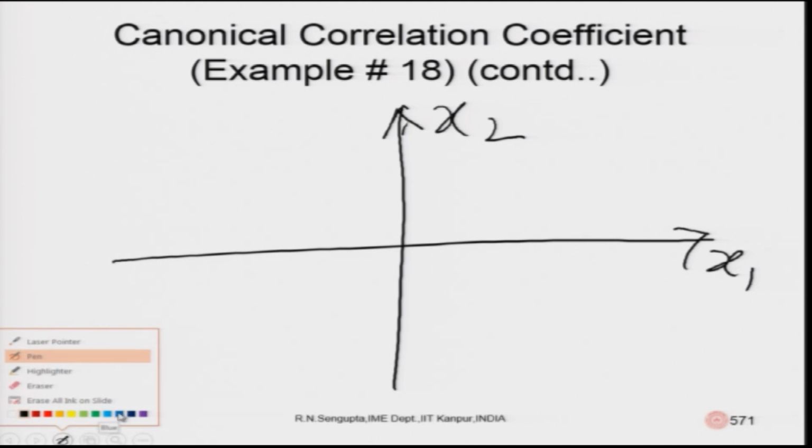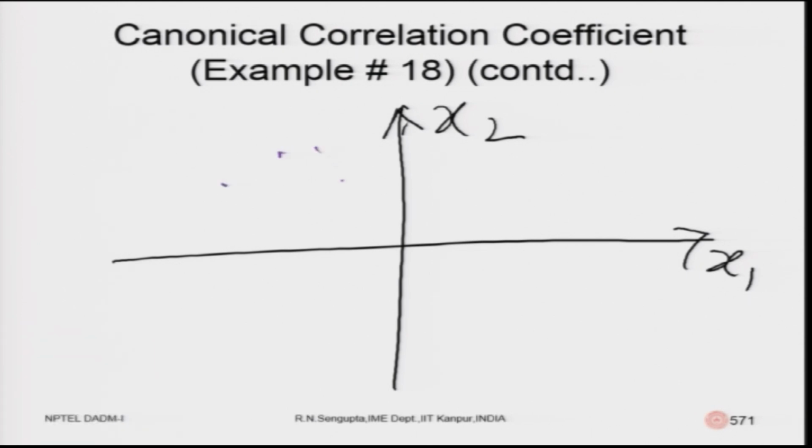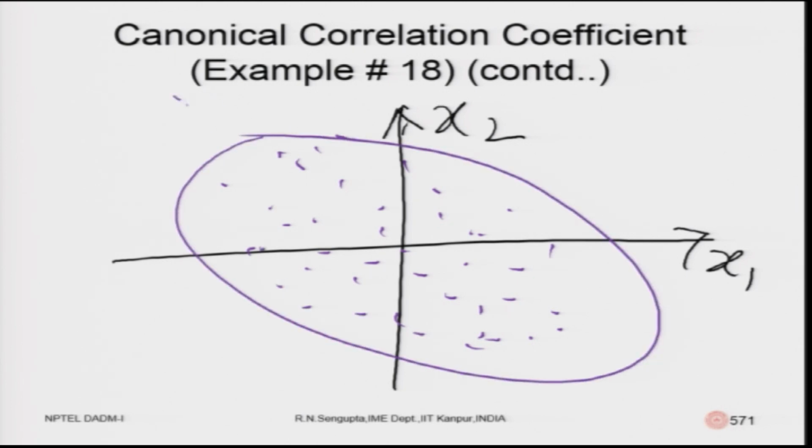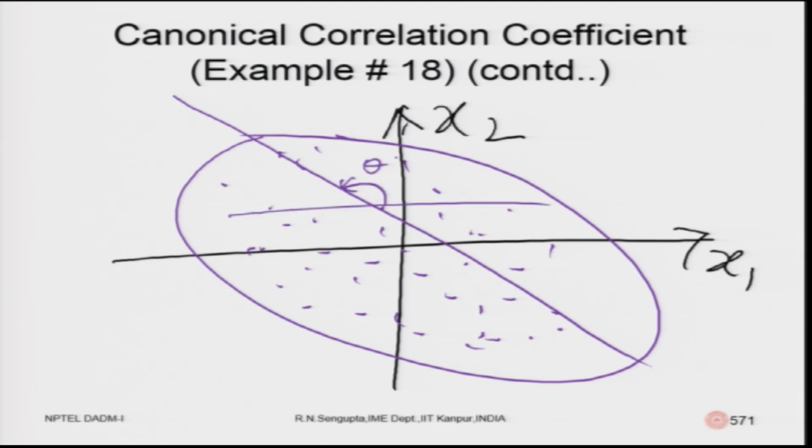So, it is negative, so tan would be in the negative direction. So, it is in the second and the fourth quadrant.